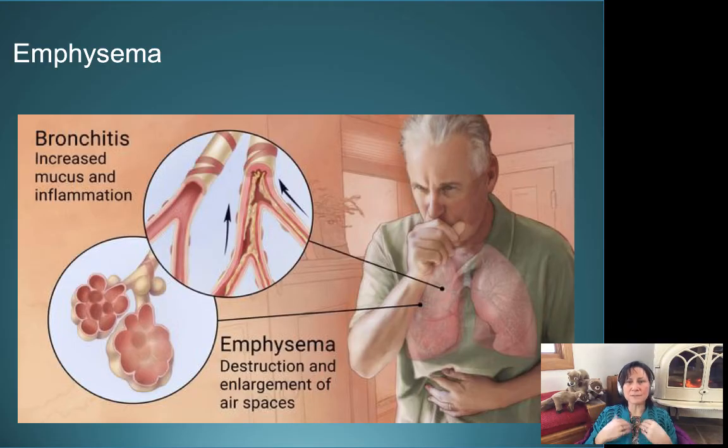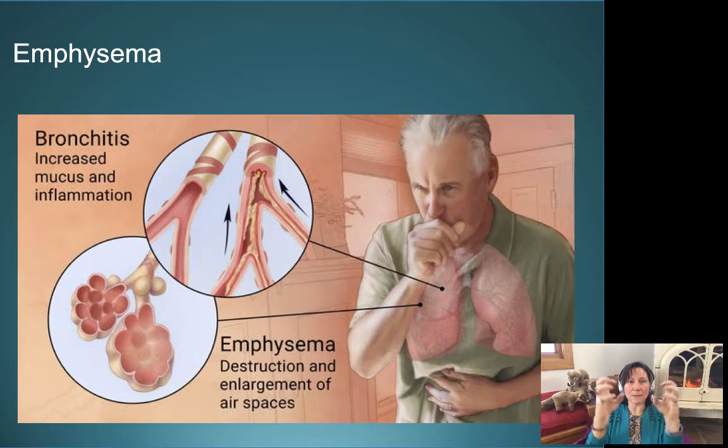In the case of emphysema, this is often caused by smoking, but there are some other ways that emphysema can come about. What happens is there's a destruction of your alveoli, and it causes an enlargement in air spaces. What you can see here is normal alveoli, which have these cup-like structures. And remember earlier when we talked about surface area to volume ratio?